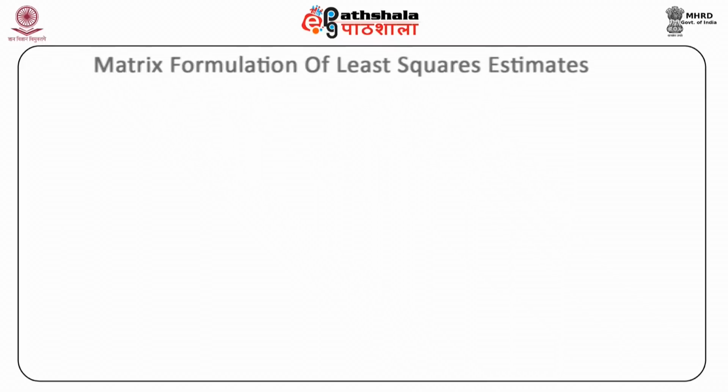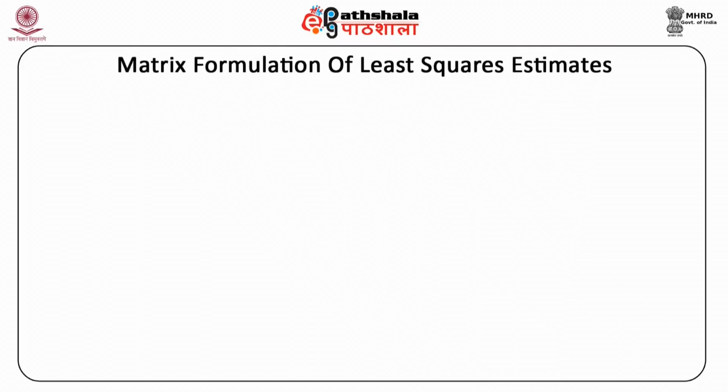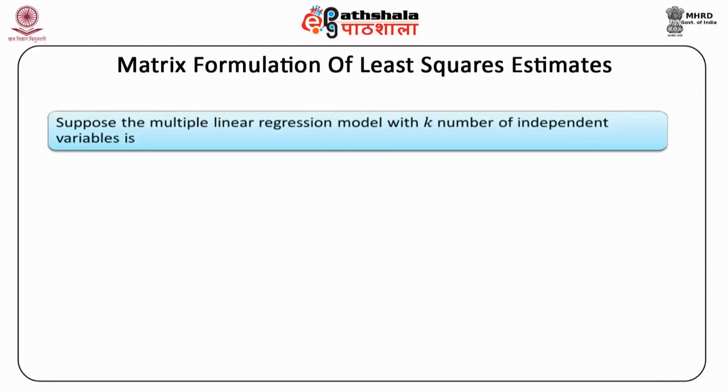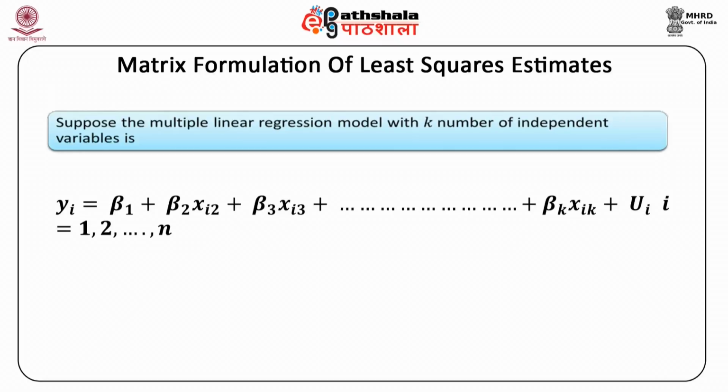Matrix formulation of least squares estimates. Suppose the multiple regression model with k number of independent variables is written as we described earlier, as yi is equal to beta 1 plus beta 2 xi2 plus beta 3 xi3 so on up to beta k xik plus ui, where i takes the values from 1 to n.